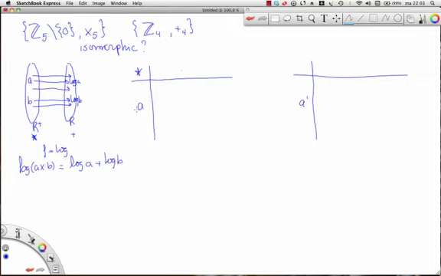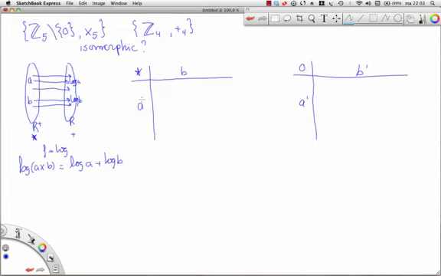For instance, in this case it would be A and the logarithm of A, and here I have another element B which has an image B with an accent. For instance, it would be B and the logarithm of B, and here I have the operation circle.